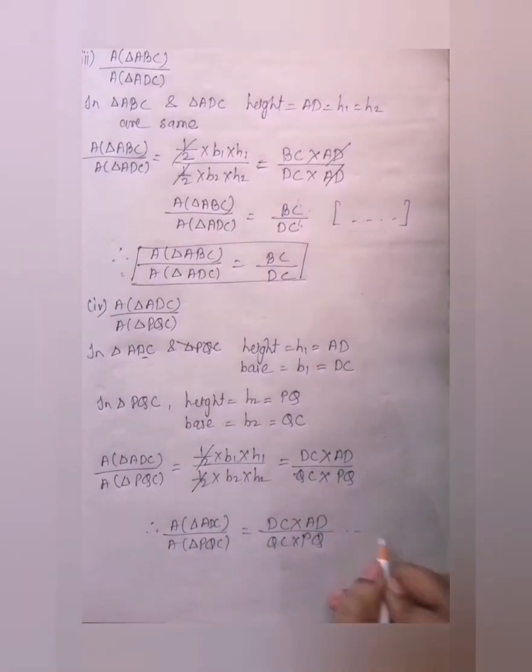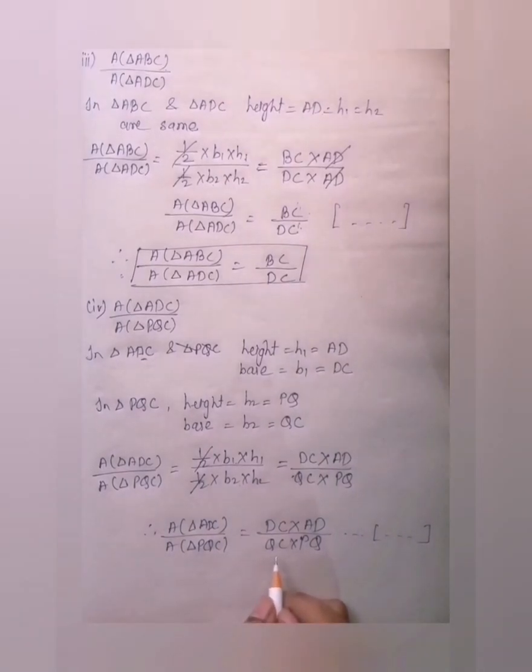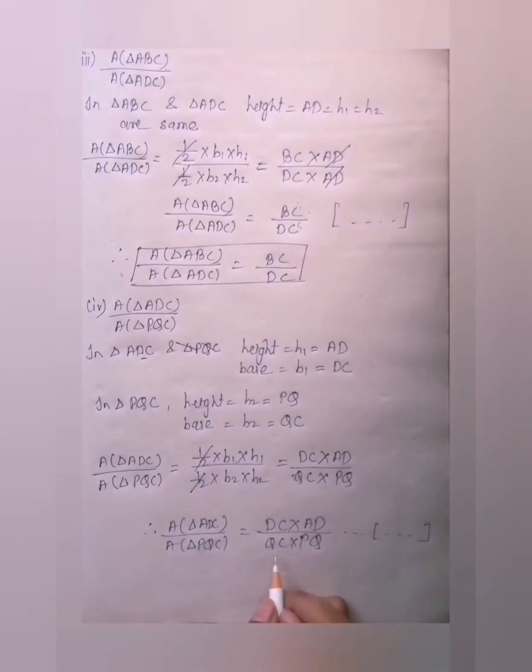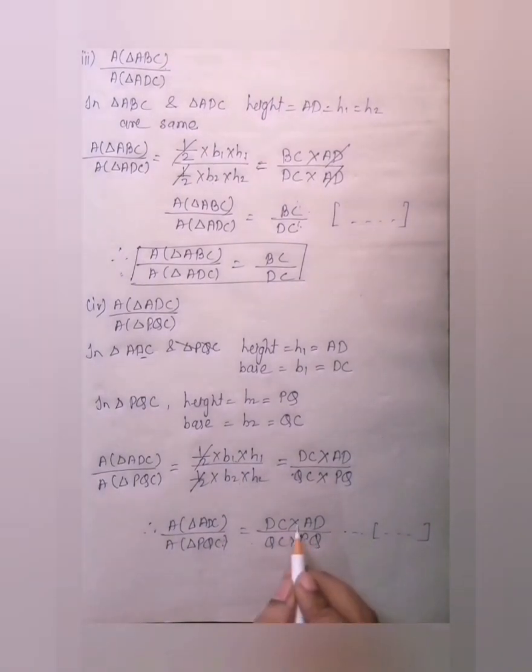Write down the reason that we learned in our previous lecture, on your page number 5: the ratio of areas of two triangles is equal to the ratio of the product of their bases and their corresponding heights.